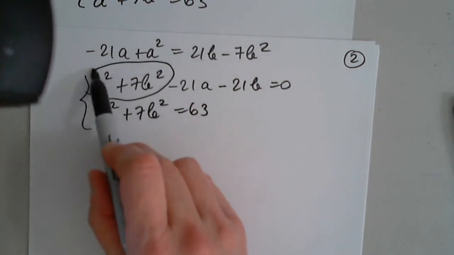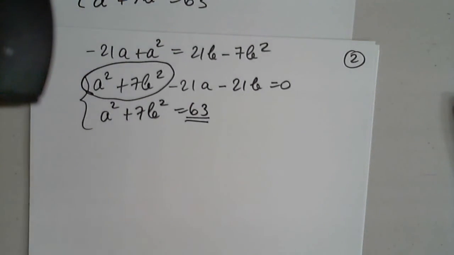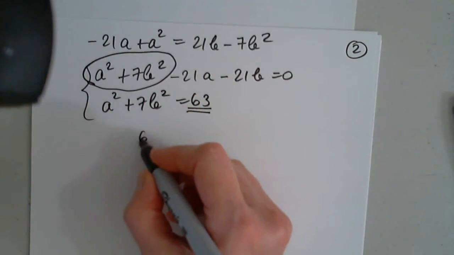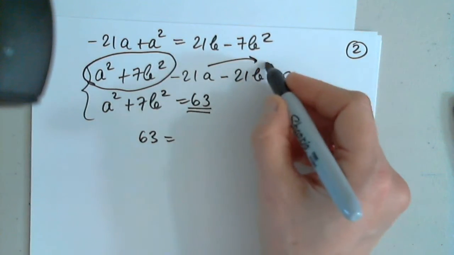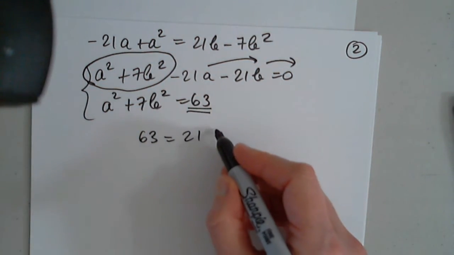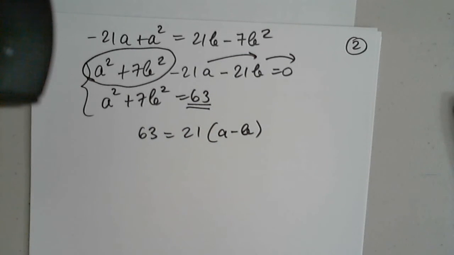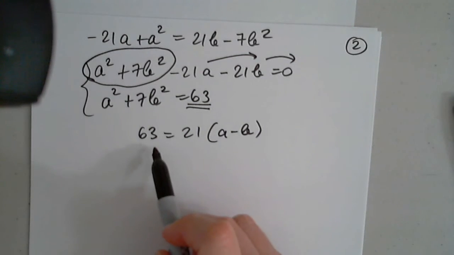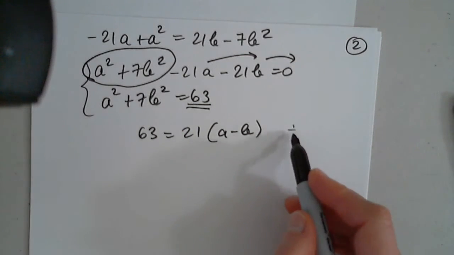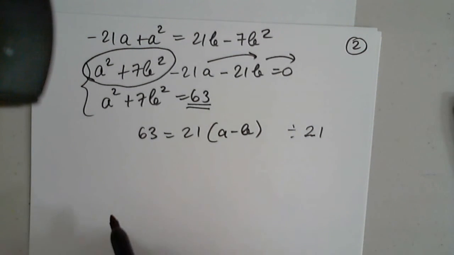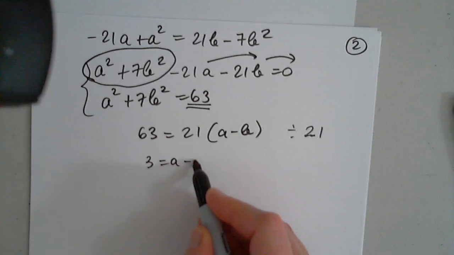I'm going to replace this piece, of course, by 63. And I get that 63, and I will move these two to the other side. Equals 21 times a minus b. And I'll simplify by 21. I'll divide by 21, and I get 3 equals a minus b.